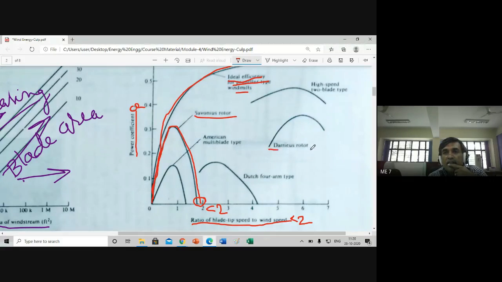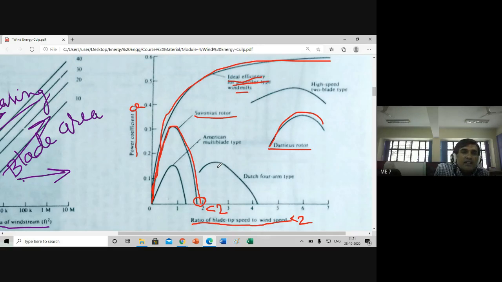Similarly, Darrieus rotor, it is like this. This is the performance. When that ratio increases, the power coefficient also increases and then decreases. That is what it says.